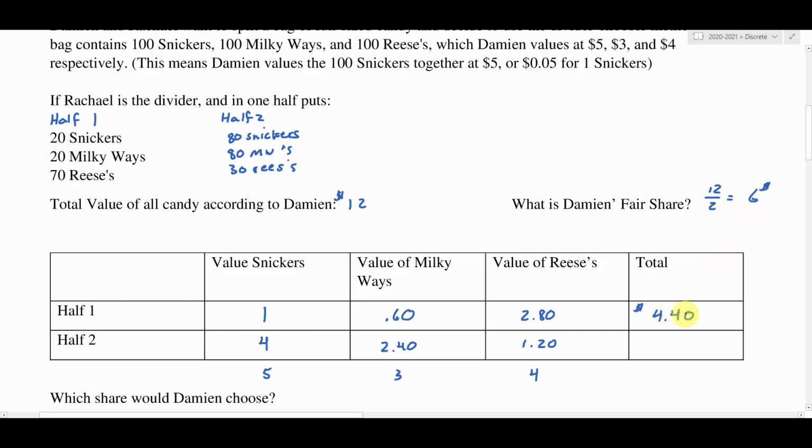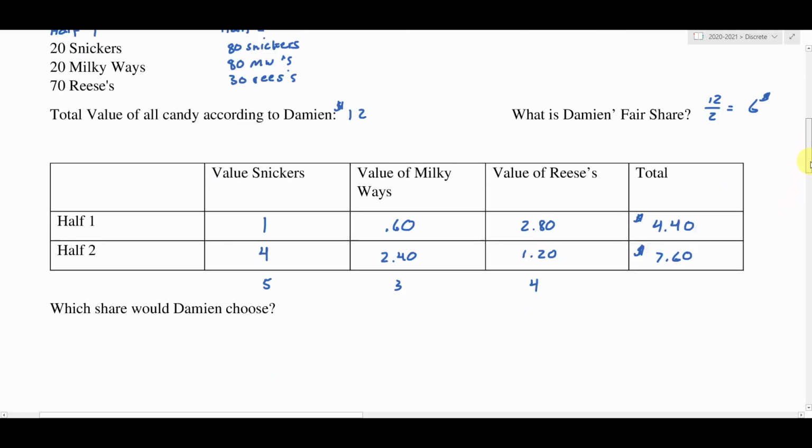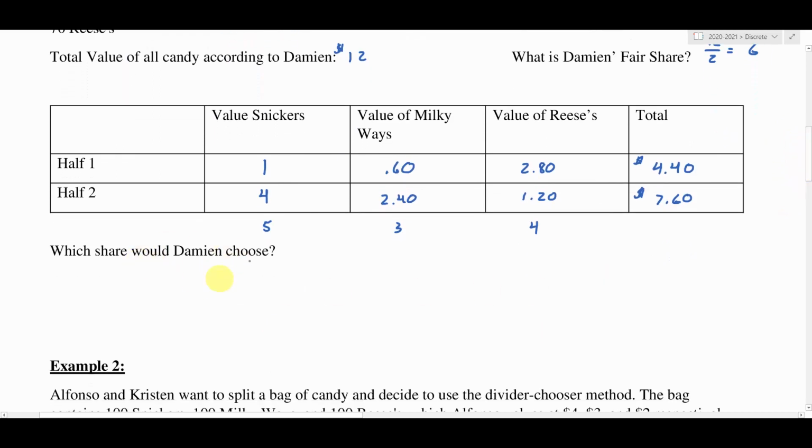It is less than his fair share. Then we'd add up half two. So $2.40, $1.20. If I add those all together, we get $7.60. This would be the half that Damien would be happy with. That is more than his fair share, so Damien would be satisfied with half two. So if Damien is the chooser, we can predict that he would choose half two.